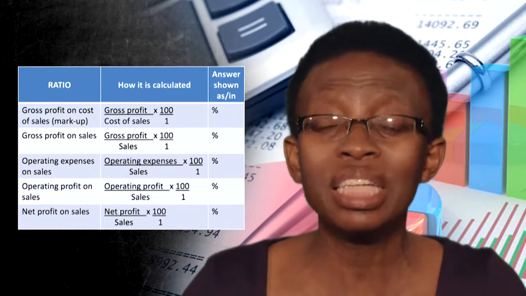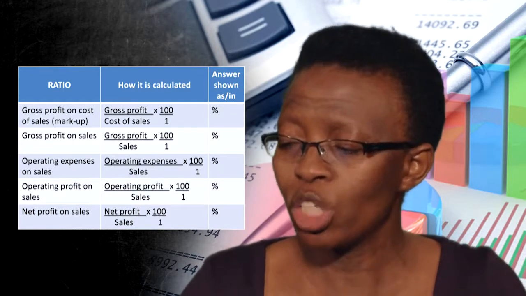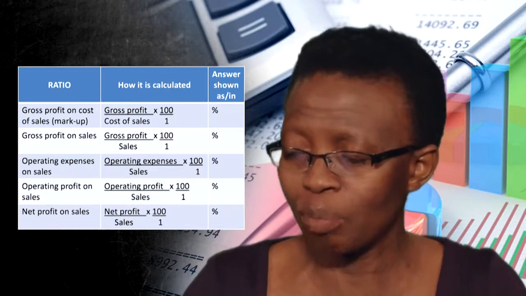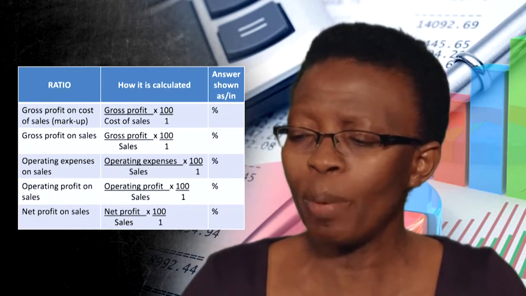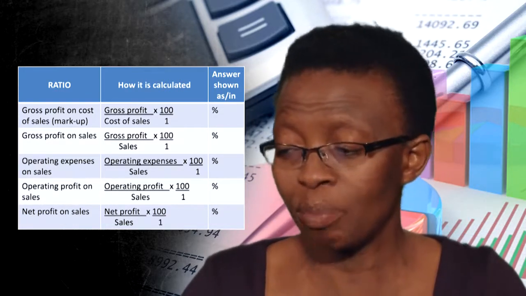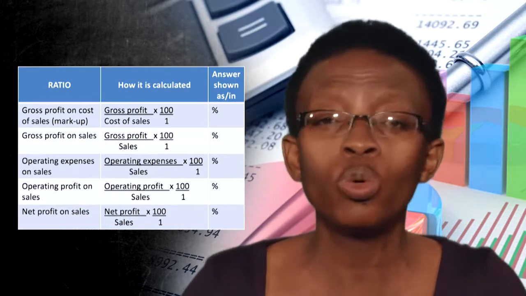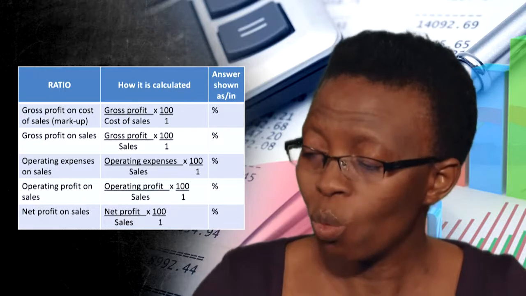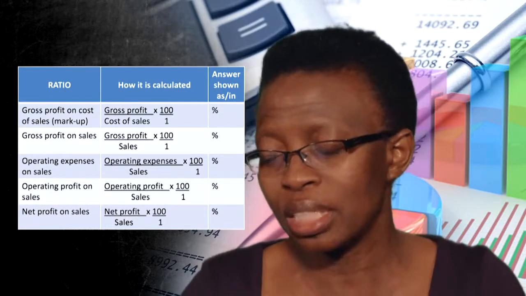We do operating expenses on sales, which is operating expenses divided by sales multiplied by 100 divided by 1. We do operating profit on sales, which is operating profit divided by sales multiplied by 100 divided by 1. And we do net profit on sales, which is your net profit divided by your sales multiplied by 100 divided by 1.